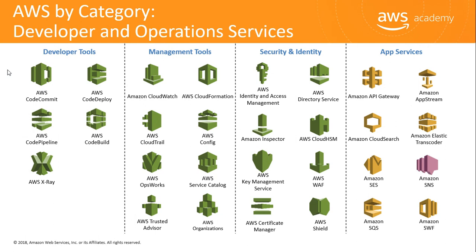Okay, and then developer and operation services: developer tools, management tools, security and identity. I think we'll work more on security and identity, and if we get some more time, we can also work on management tools. What happens is that when we work on some service, some of these tools are automatically used.